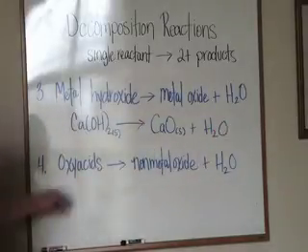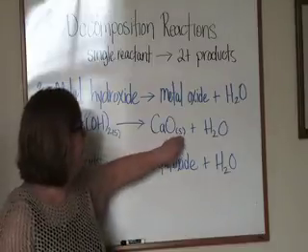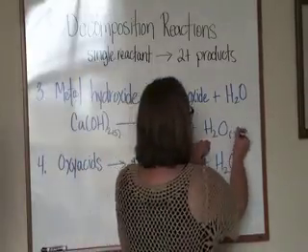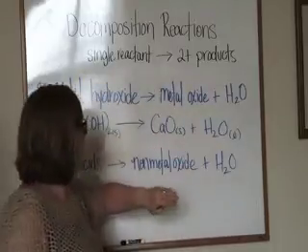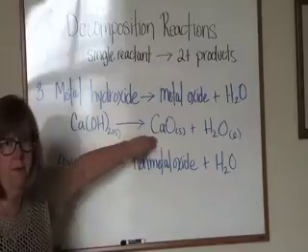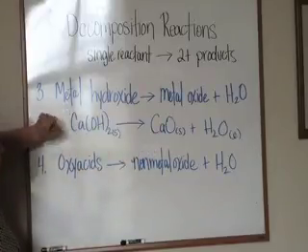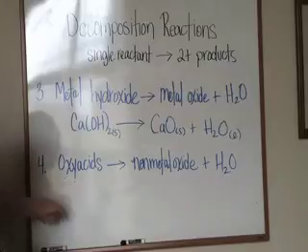And there you go. So metal hydroxides decompose into the metal oxide and water. And here we've got the metal oxide and water, and the synthesis reaction, or this reverse reaction, we learned was making the metal hydroxide.